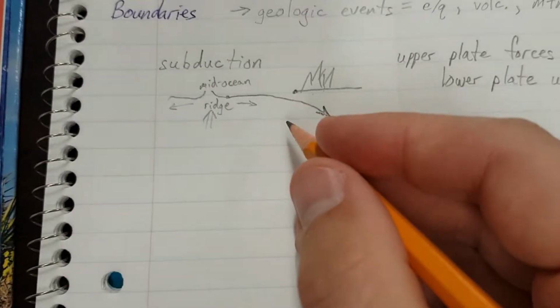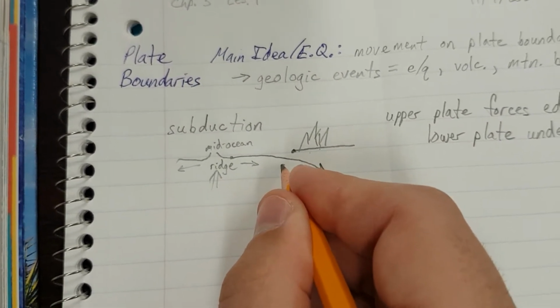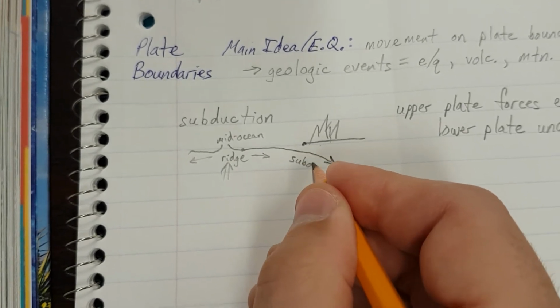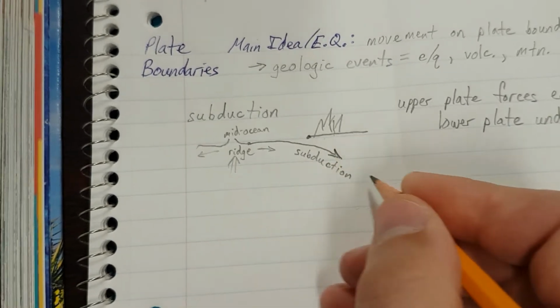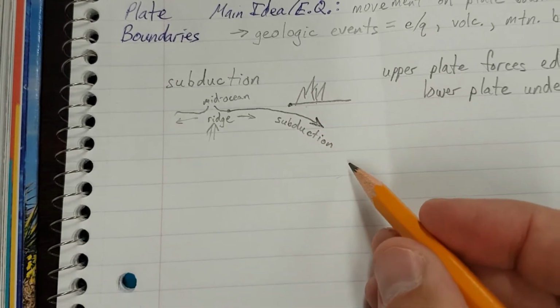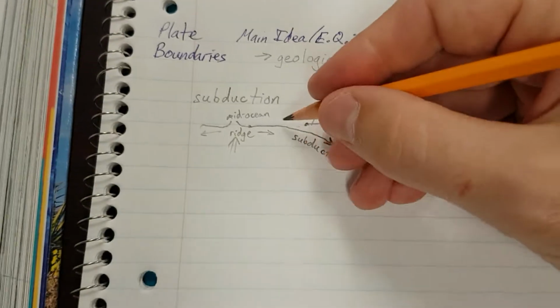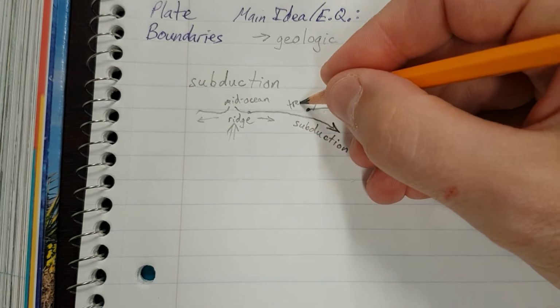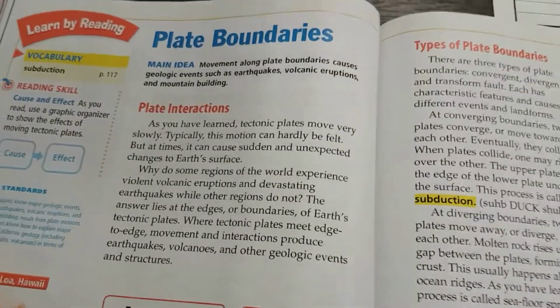And so this is where the subduction happens, right here. So let's kind of squeeze this sideways. Subduction, S-U-B-D-U-C-T-I-O-N. And we write it that way so it kind of reminds us, oh, the subduction goes down and in. And then this looks like it's called a trench, T-R-E-N-C-H, trench.